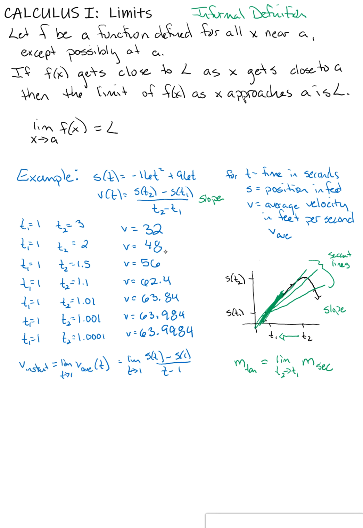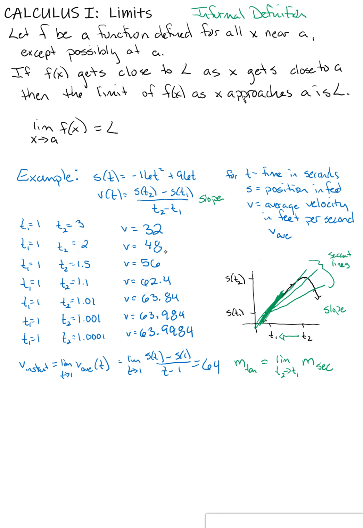I have that written as the limit as t approaches 1 of, again, that average velocity, which is also the slope formula. And looking at this, you see that we keep getting close to something that looks like 64. So in this case, our limit is 64, and that's the idea.